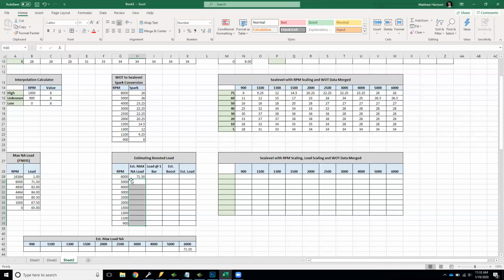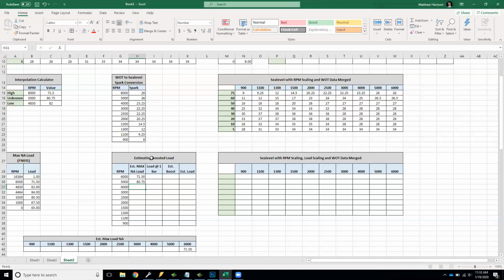So if I need to get 5,000, the one above it is 6,000, the one we're trying to create is 5,000, and the next lowest down is 4,850. At 6,000, the value is 71.5, and at 4,850, it's at 82. So that tells us at 5,000, we're at about 80.75 load.